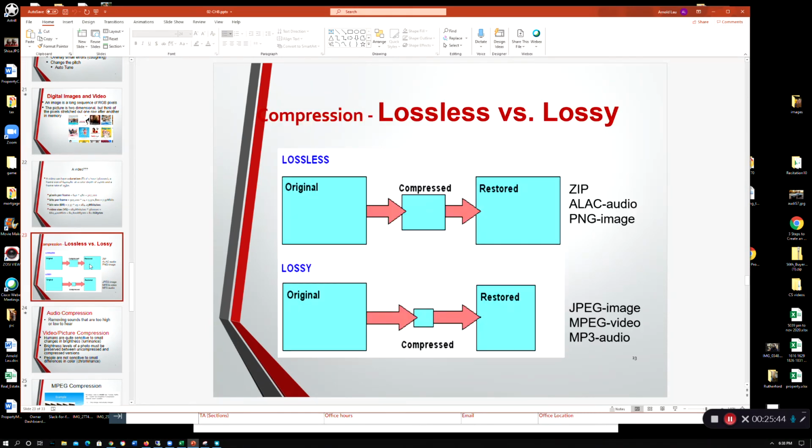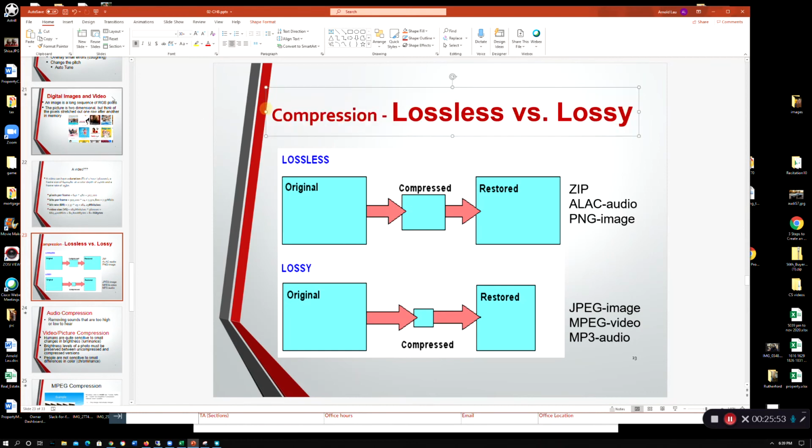An important concept to understand is this idea of lossless and lossy compression. Lossless means whatever your original was, you can always get back to that version.